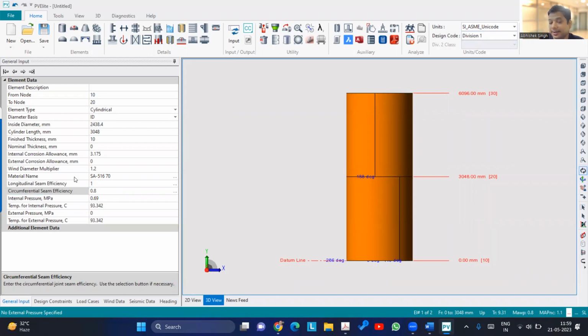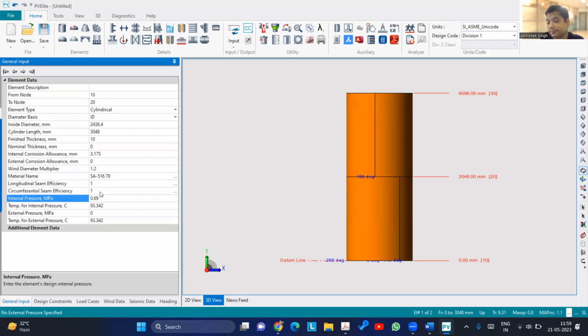If you can notice, 9.31 is required. If I change it to 1, still 9.31. Why is this so? Why is it not changing?